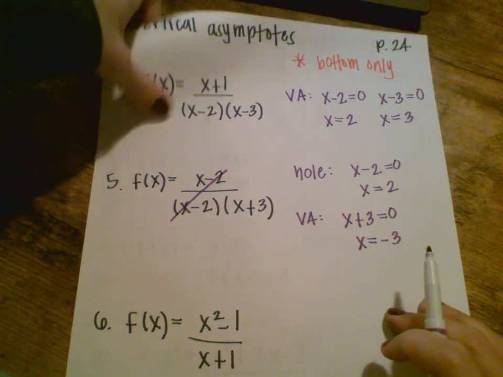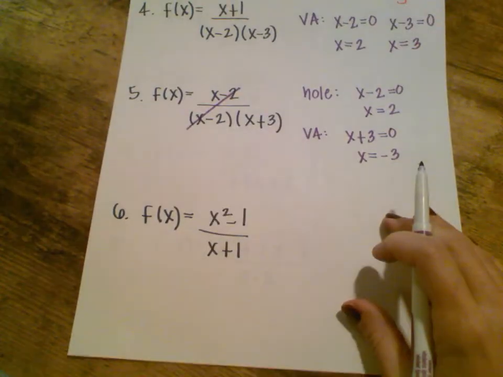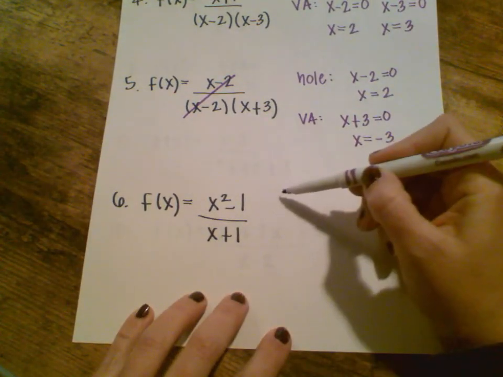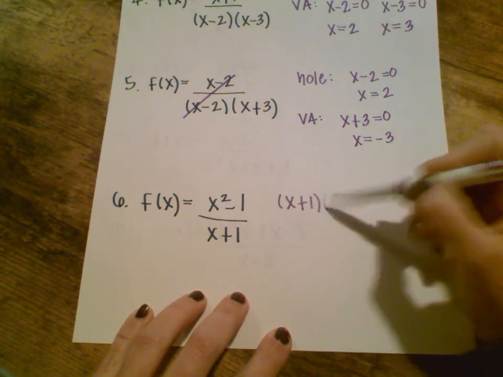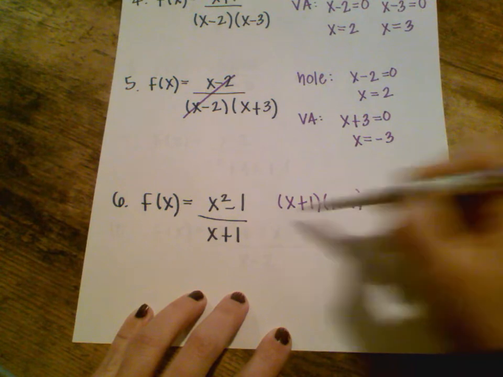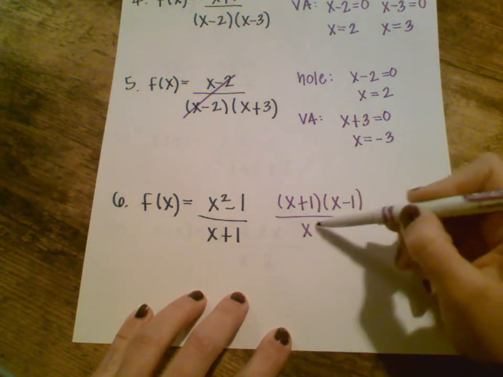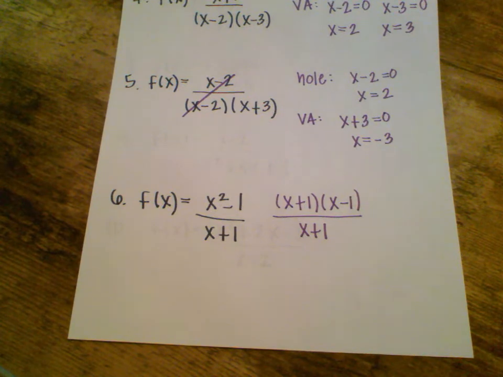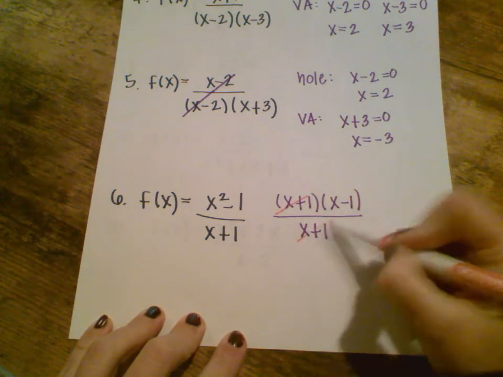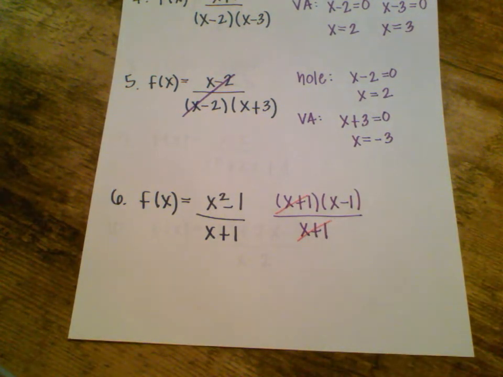Number 6, we're going to start by factoring. The numerator is the difference of squares. X plus 1 times x minus 1. Okay. Notice x plus 1 can be found on top and bottom. So remember, that's going to be a hole in the graph.